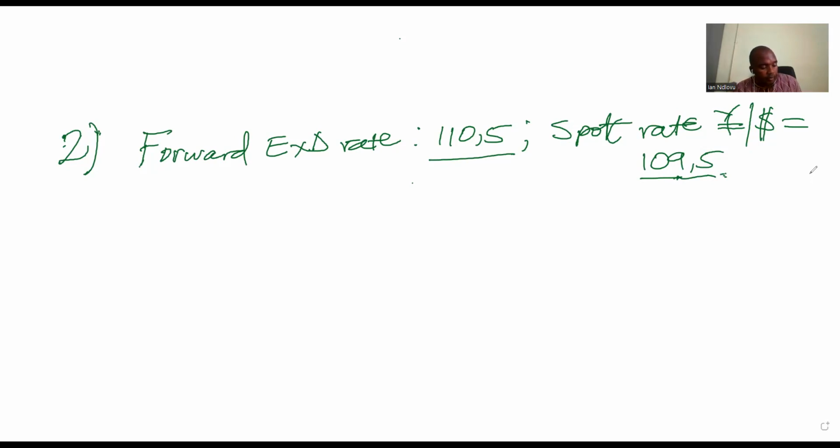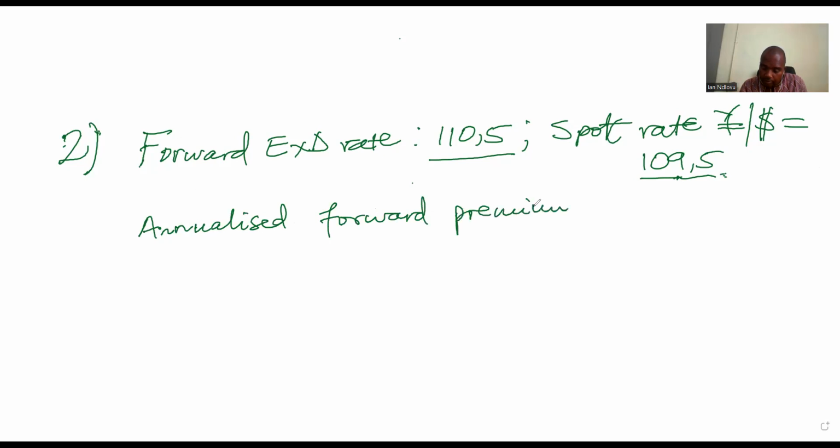Since we have a forward premium, it's imperative for us to calculate the annualized forward premium. We calculate it as follows.